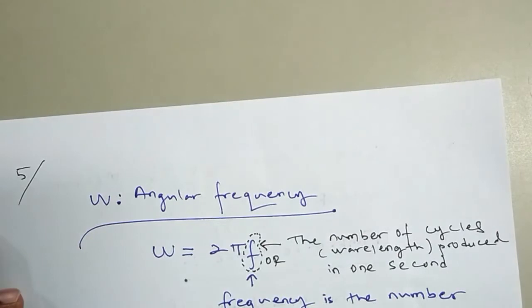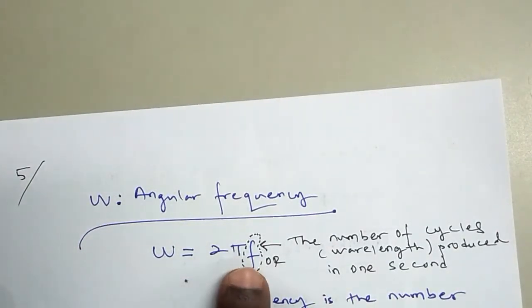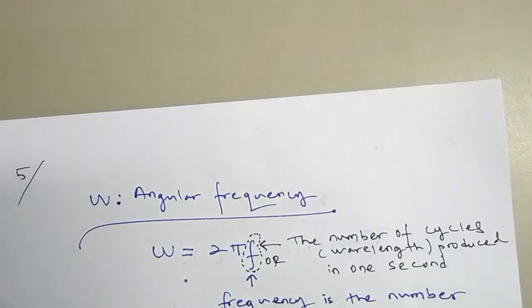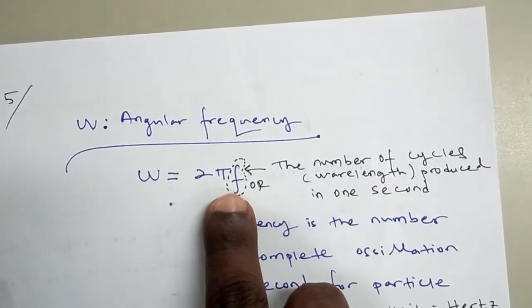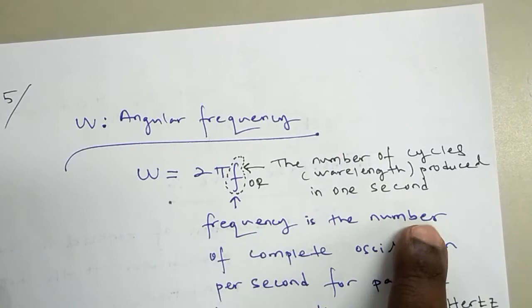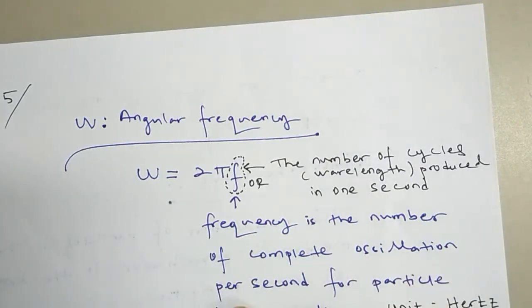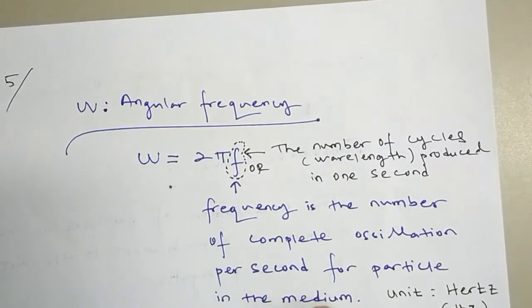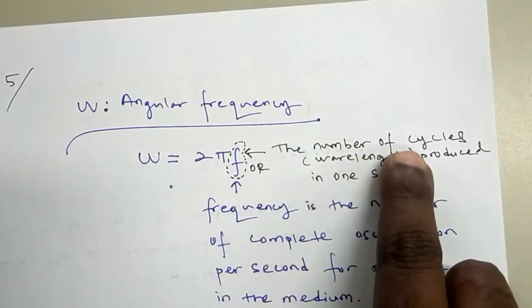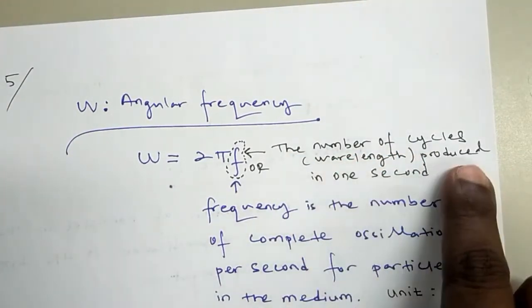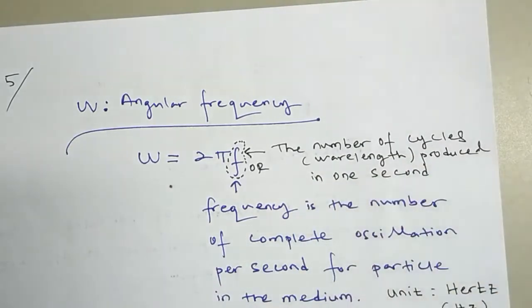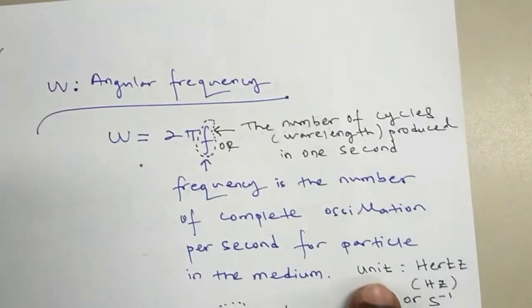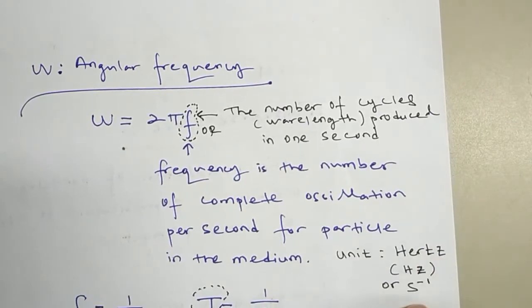It is similar to the angular velocity, which equals 2πf. f is the frequency. Frequency is the number of complete oscillations per second for particles in the medium, or the number of cycles or wavelengths produced in 1 second. The SI unit is hertz or per second.